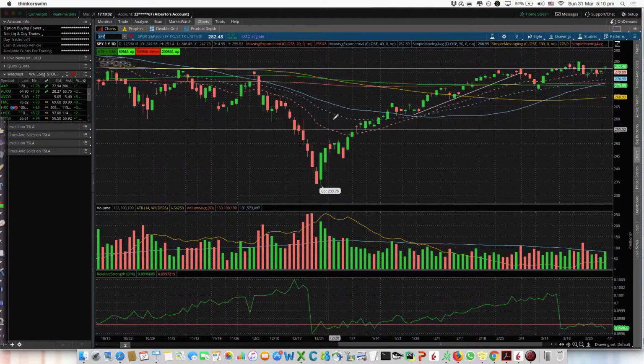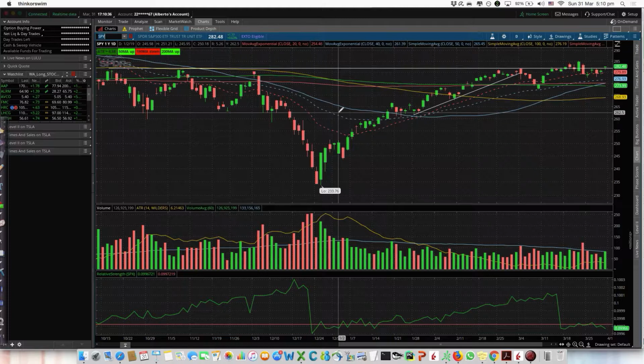The red dotted line and the blue dotted line are the 20 and 40 exponential moving averages, and then we have the blue one, the 50. Yellow is the 100, the green is the 150, and the red is the 200 daily moving averages.